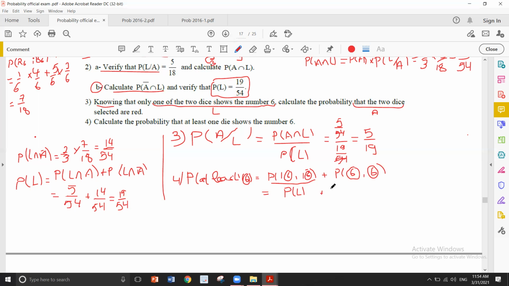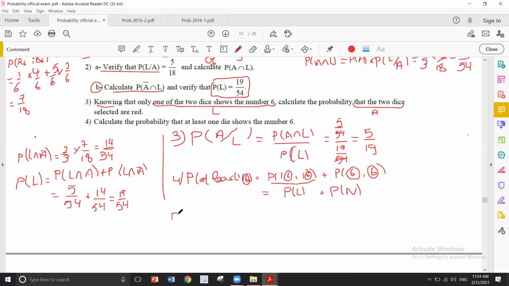Let's call it a letter. What letter do you like? Instead of A or L, I will call it N. Okay. Probability of L plus probability of N.